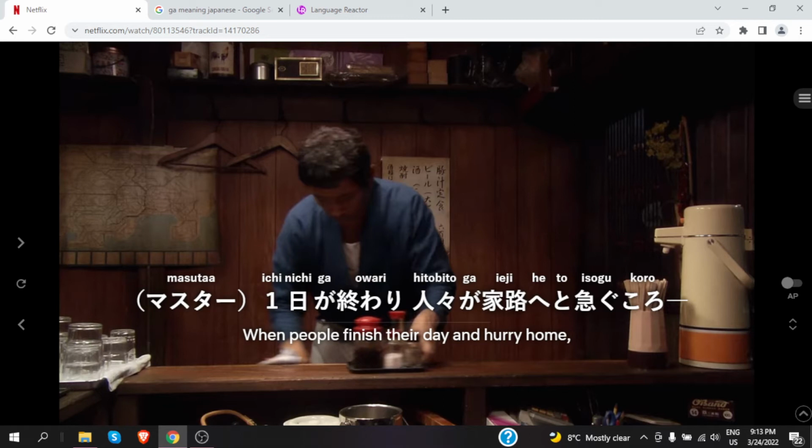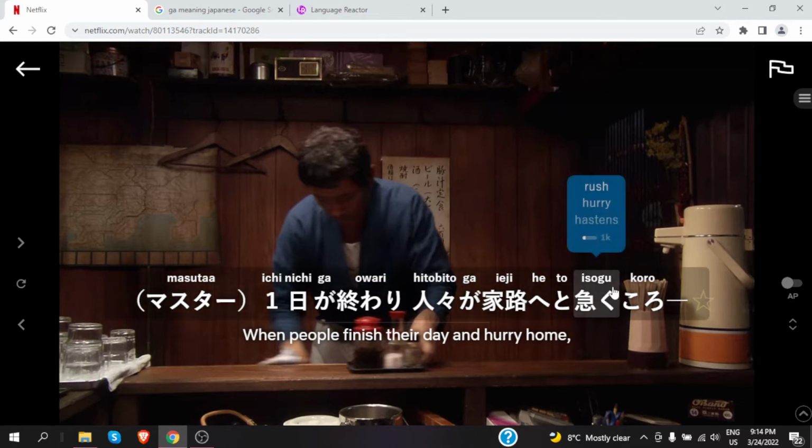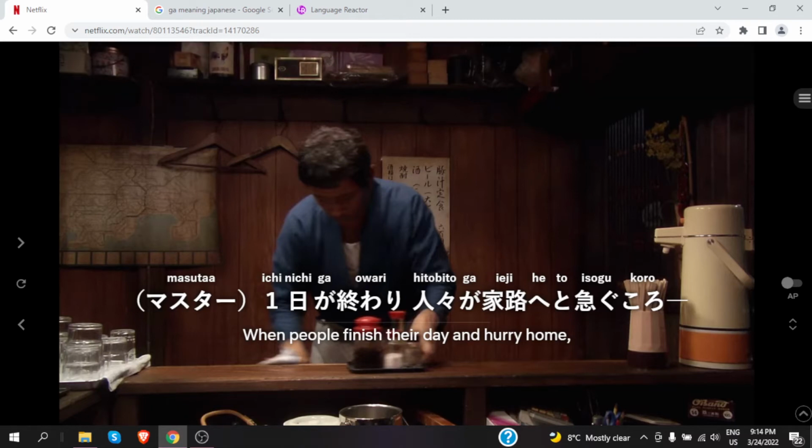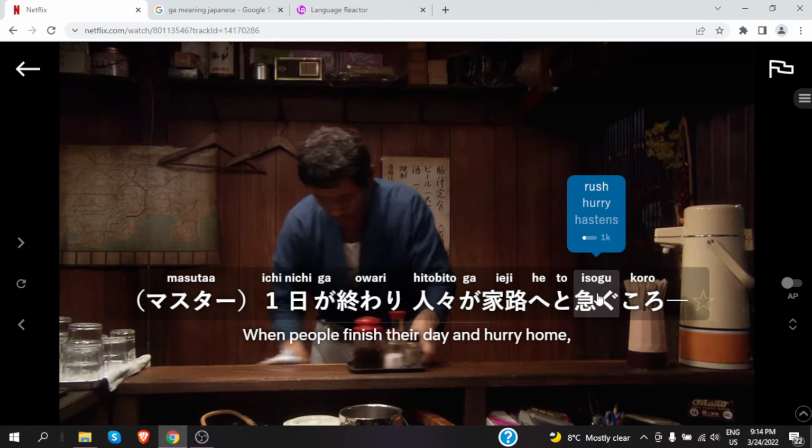Damn, what was rush? It was something like rush. I can't remember that word. No, I can't remember. Koro. I remember at the end there was koro. I don't remember that word for rush. Damn. Okay, so I'm going to look. Okay, isogu. So I got everything correct, more or less, except isogu.